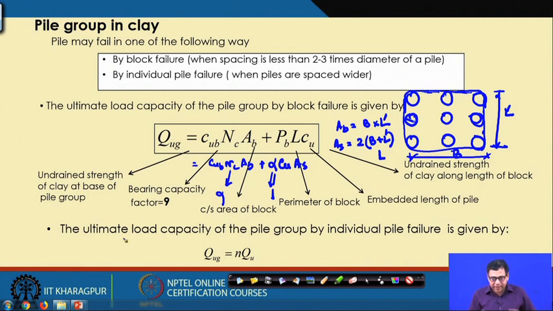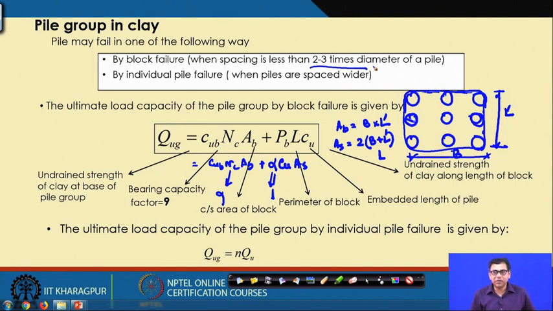And the next one, this is a block failure when spacing is less than 2 to 3 times of the diameter of a pile, then there will be a group failure or the block failure if the spacing is less. Now, if the spacing is more, then there will be individual pile failure, and then you calculate the load carrying capacity of a single pile, then multiply it with the number of pile, you will get the load carrying capacity of a group pile if your spacing is more.